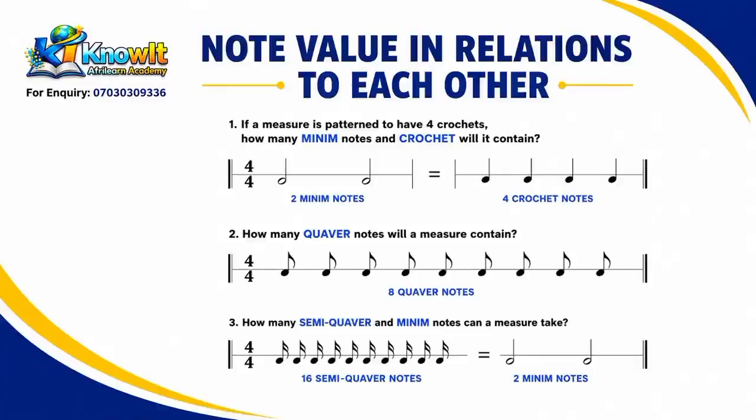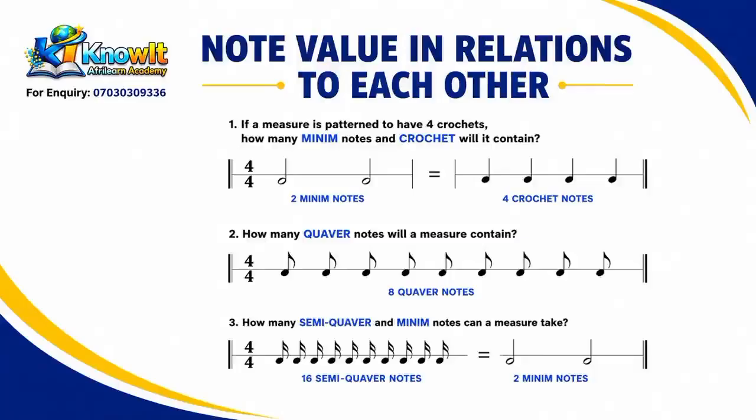So this is but a quick example, and in the coming days before the end of this entire class, we'll be discussing different examples that connect our notes and their relationship with others. For instance, the minim note occupies the space of 2 crotchets. So where we have 2 minim notes in a 4/4 timing, it means we'll have 4 crotchets.